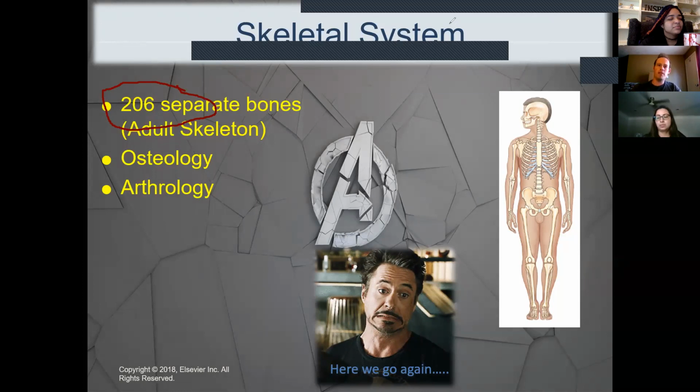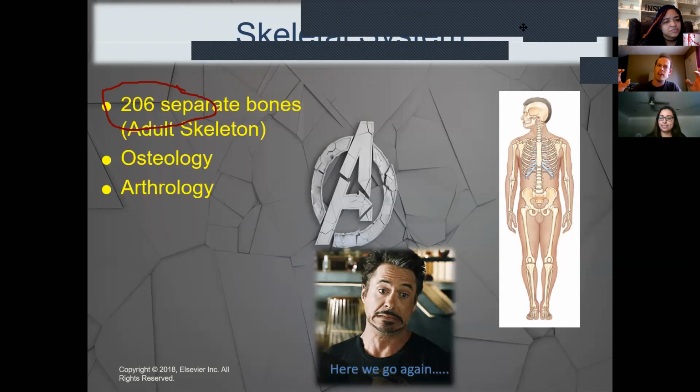Who here can remember how many bones are contained on average in a child's skeleton, like an infant? 270. You said 240? 270, usually around 270 to 300. You'll see that number vary depending on the age of the child.